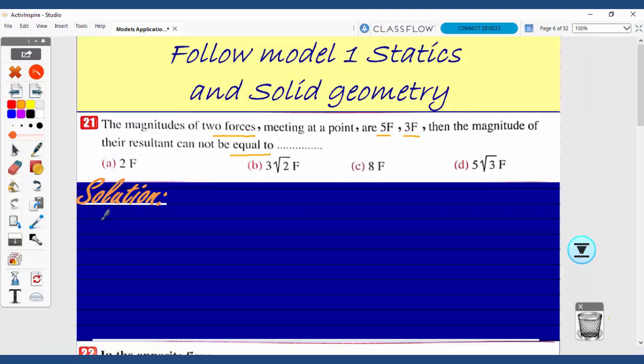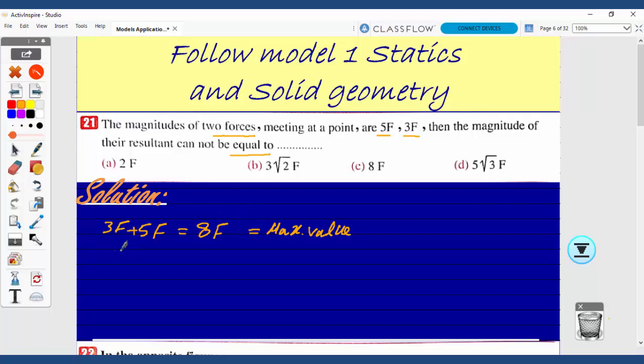First, if you add 3F plus 5F, the result will be 8F. 8F is the maximum value of the resultant.